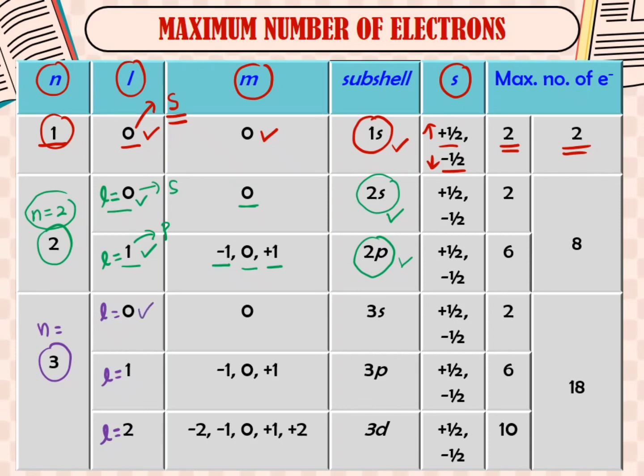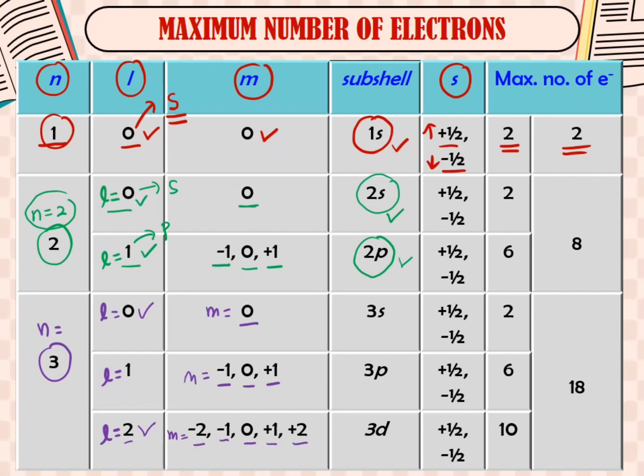Okay, if L equal to 0, M equal to 0. If L equal to 1, M equal to negative 1, 0, positive 1. If L equal to 2, M equal to negative 2, negative 1, 0, positive 1, positive 2. Boleh nampak?